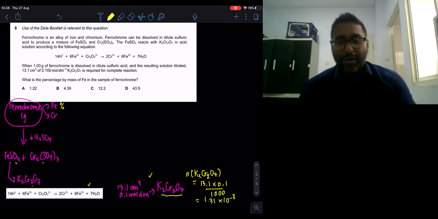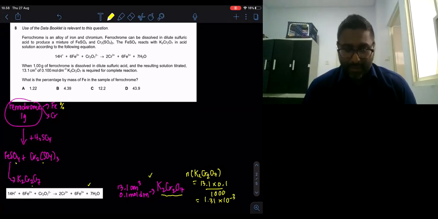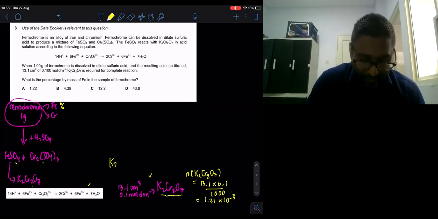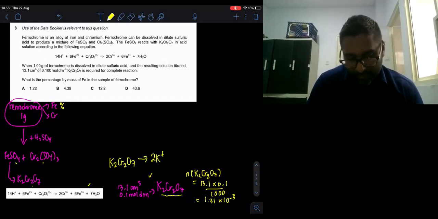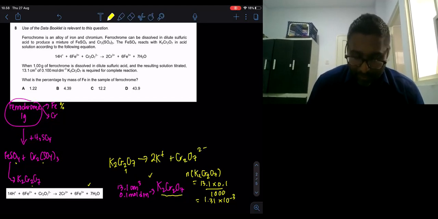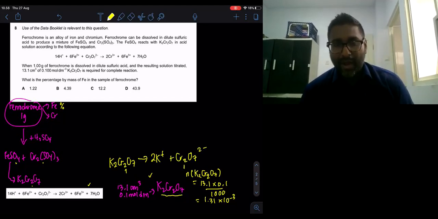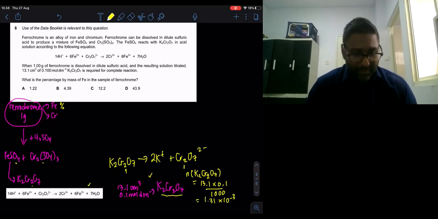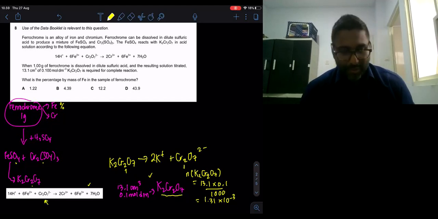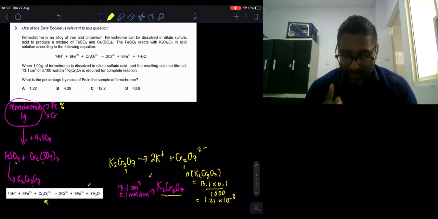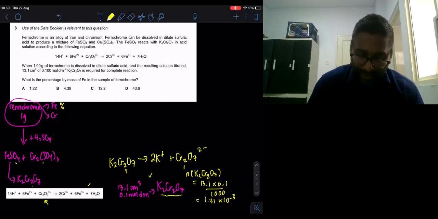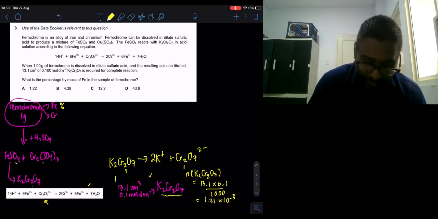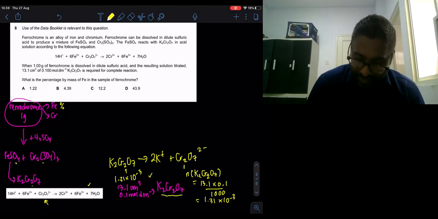Now, what do I know about this K2Cr2O7? K2Cr2O7 gives 2K+ and Cr2O7 2-. It means that every 1 mole will give you 1 mole of this. Why am I doing this? Because they mentioned it in this form only, they didn't include K. I just want to show that the number of moles we have, which is 1.31 times 10 negative 3, must be the same as over here.